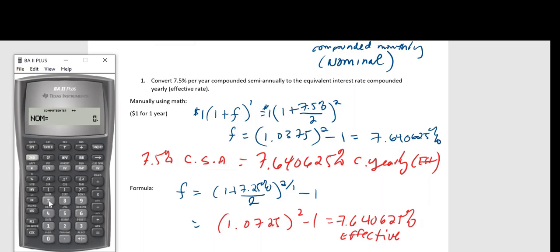So we press 7.5, press enter, press the up arrow to compounds per year. Semi-annually is twice per year. Press 2, enter, press the up arrow. We get to the effective window, press compute. The answer is 7.640625% compounded yearly or effective.